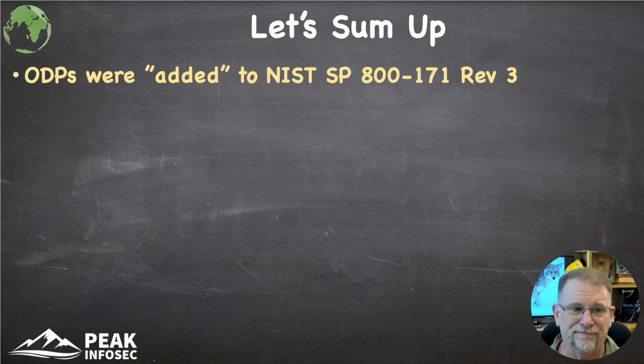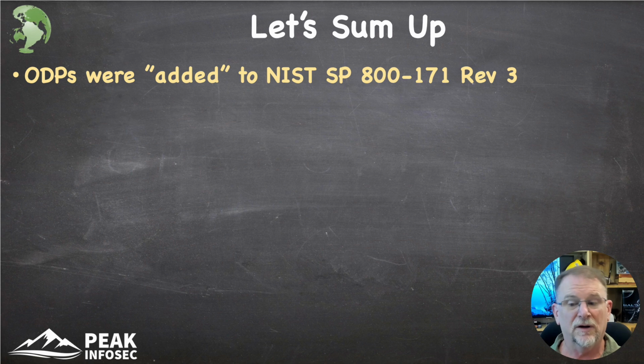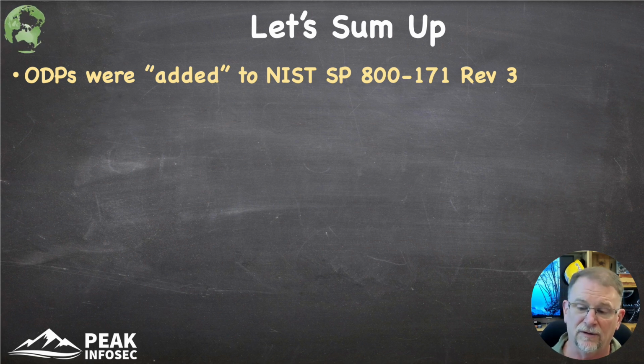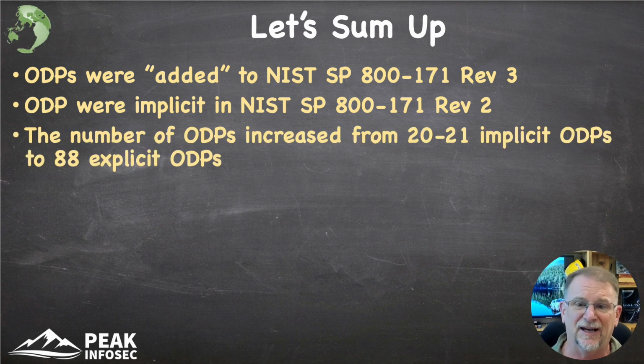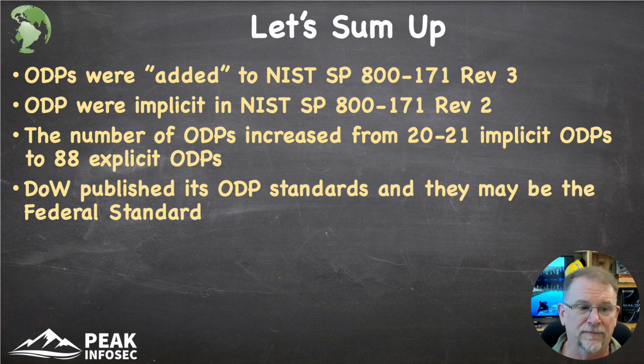So let's sum up. ODPs were added to 800-171 Rev 3 because they got added to 800-53 Rev 5. They were implicit originally, but now they're explicit. And as a part of that, there are now 88 explicit ODPs, so we've basically quadrupled the number of parameters you've got to document and work with when you go to Rev 3.